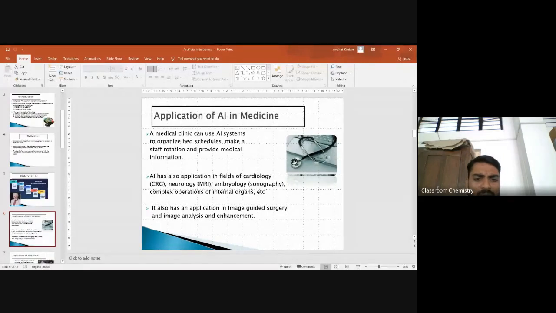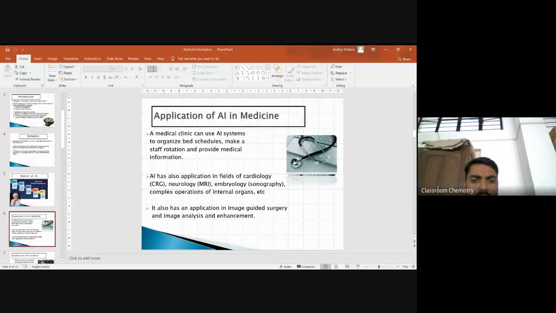Now, artificial intelligence also has application in the field of cardiology, neurology, embryology, that is for sonography, and complex operations of internal organs. We can make a complete internal picture of our human body by using these sonographic techniques. In embryology, there is too much importance.